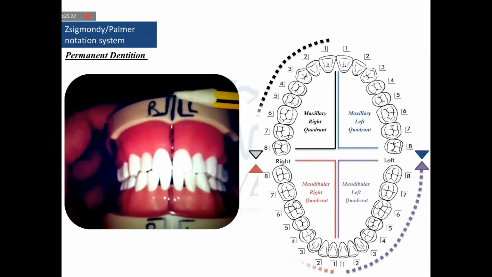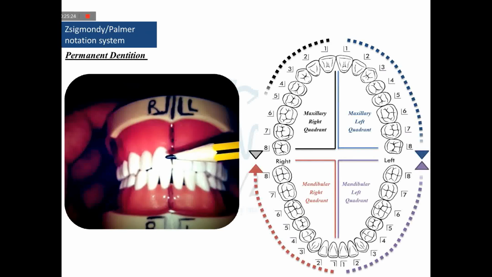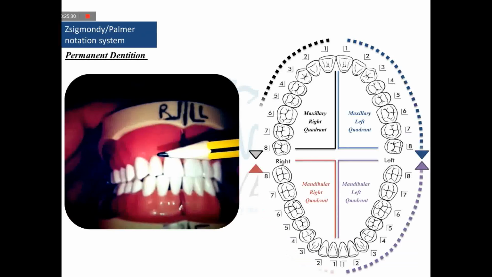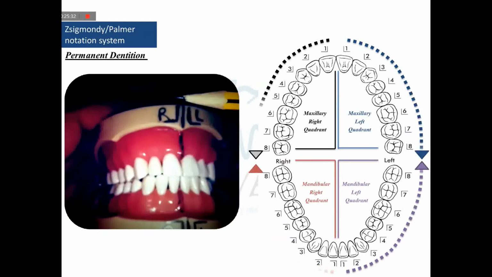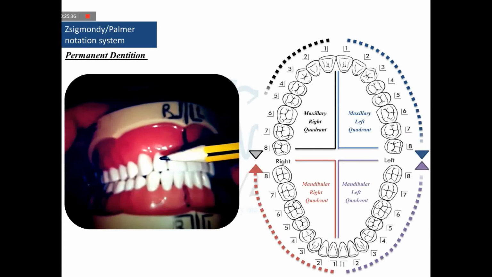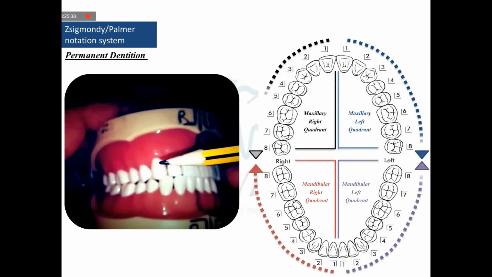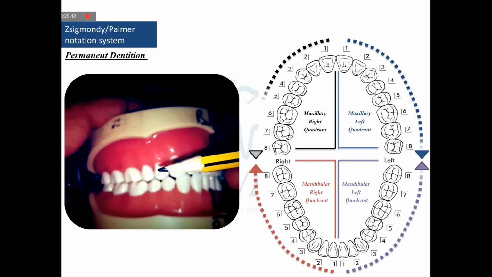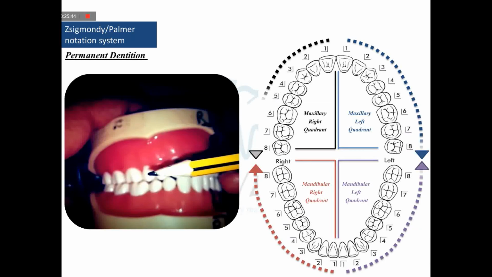So again we will draw up a symbol. Then the next tooth, that is the lateral incisor, which is the second tooth from the midline, will be numbered as 2, which we will write in the symbolic representation.